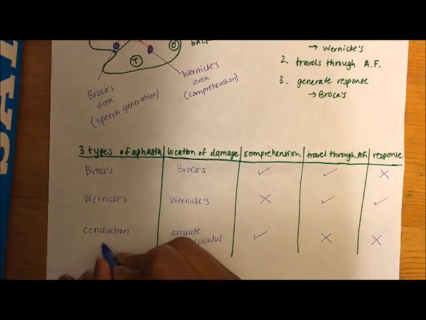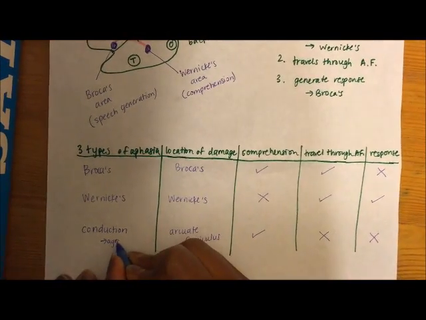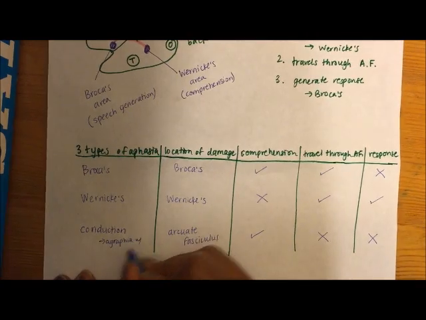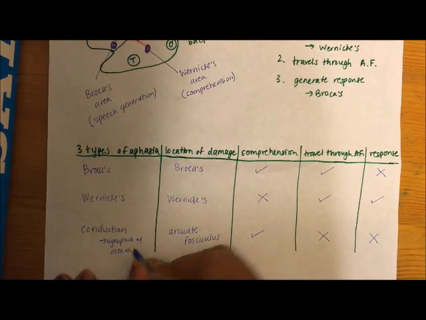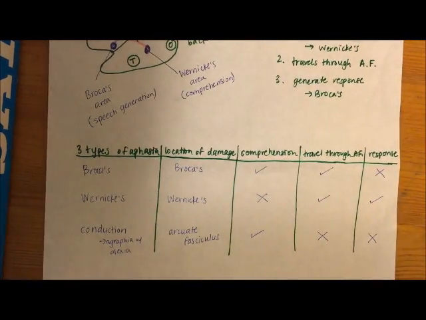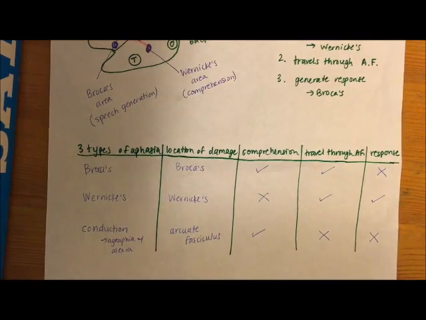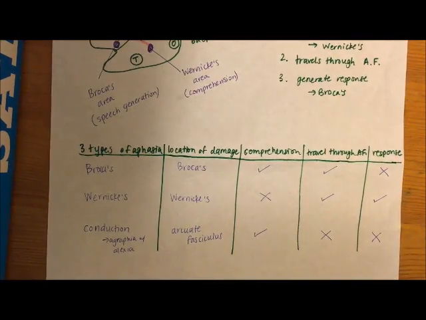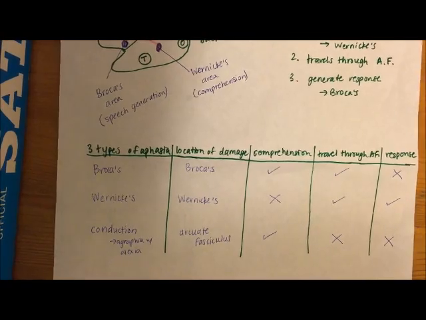So this is called agraphia with alexia. Agraphia is inability to write, and alexia is inability to read and recognize words. So these patients will tend to have this interesting symptom as well.